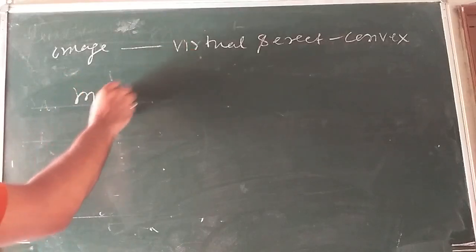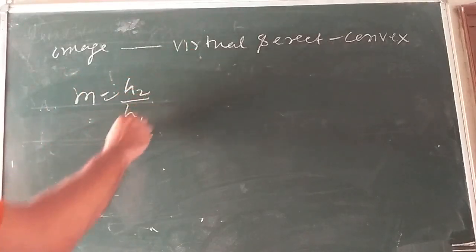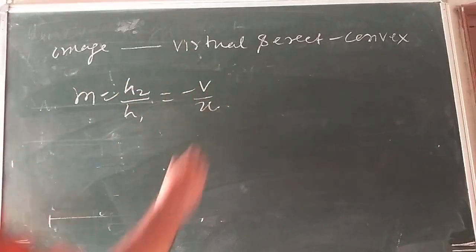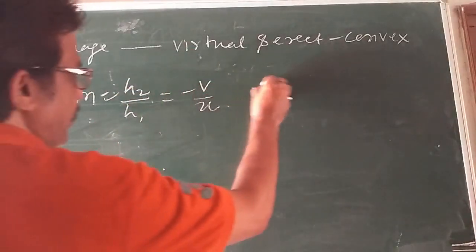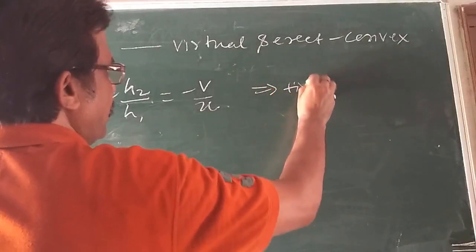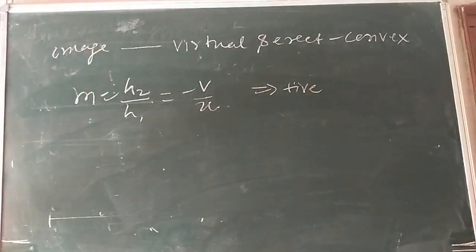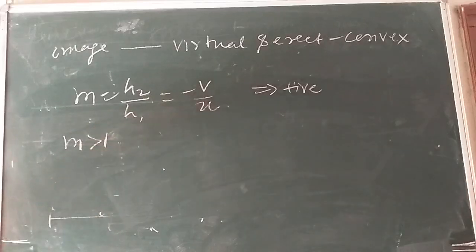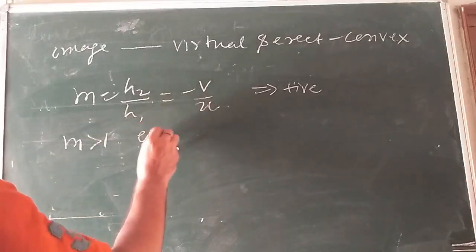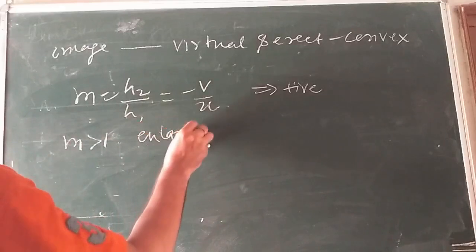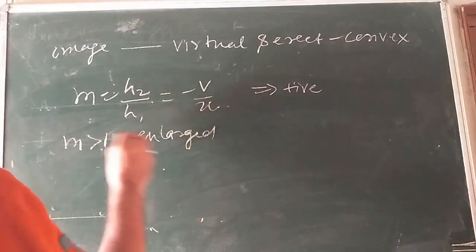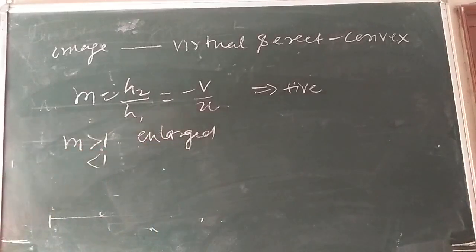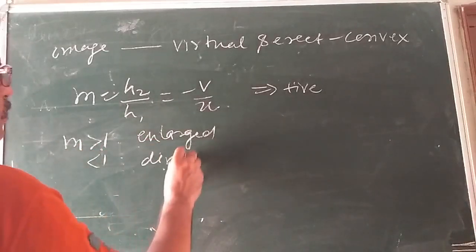So our formula for the magnification would be h2 by h1, that is minus v by u. M is positive here for a convex mirror. So when m is greater than 1, image is enlarged. When the value of m is more than 1, it is enlarged, and when the value of m is less than 1, the image is diminished.